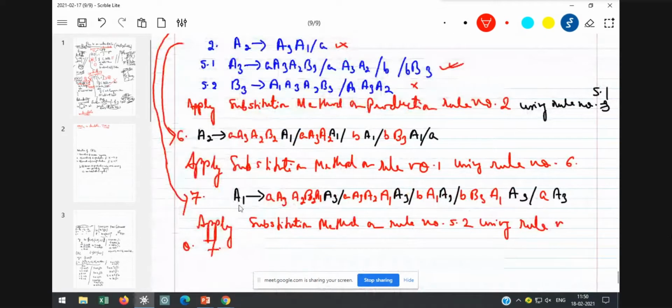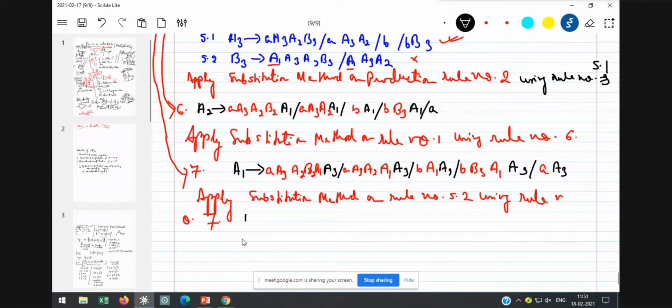Now, how many values for A1? 1, 2, 3, 4, 5. So there are two occurrences. For this A1 also, we should replace 1, 2, 3, 4, 5 and keep it. For this A1 also, you have to write these 1, 2, 3, 4, 5. So now let me write it.